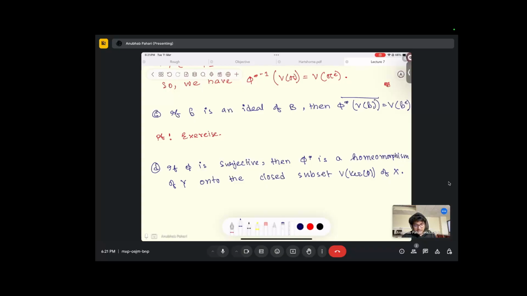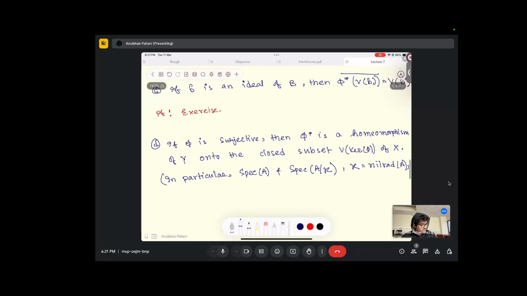What I was just trying to say is that in particular, Spec of A and Spec of A by R, where R is the nilradical of A, are homeomorphic.